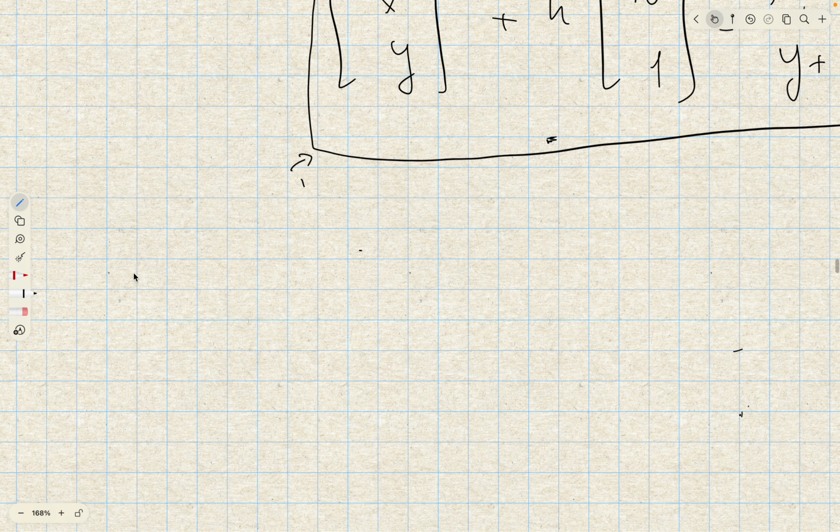So then the derivative at a point in the direction of a vector is equal to, and this is simply vector a. This is simply f.